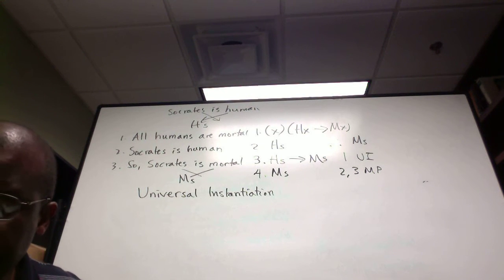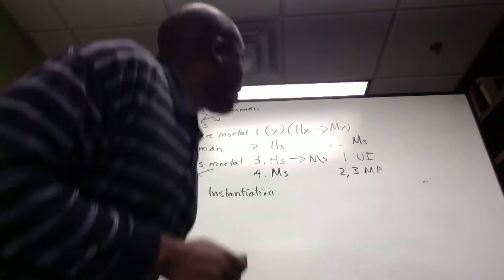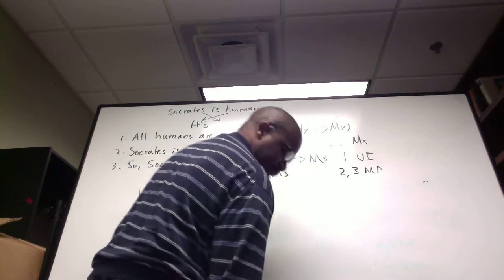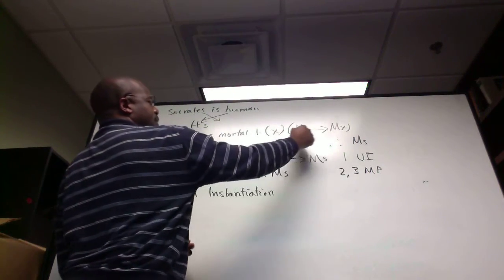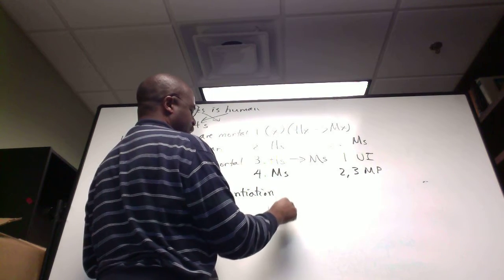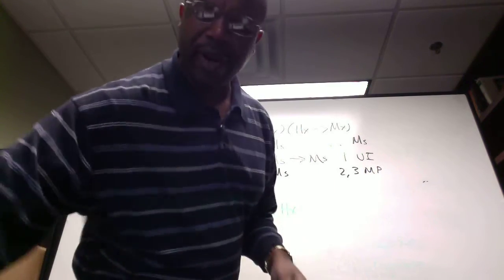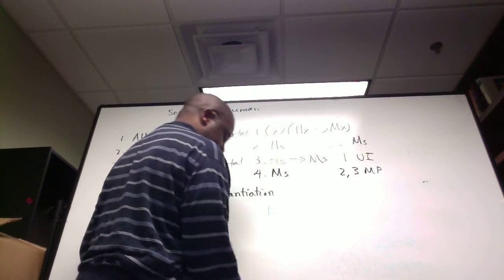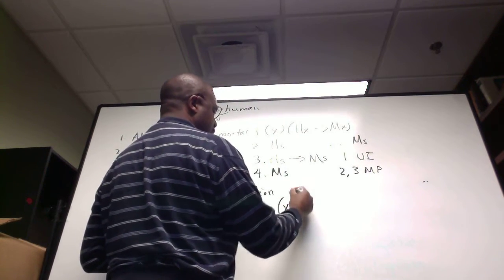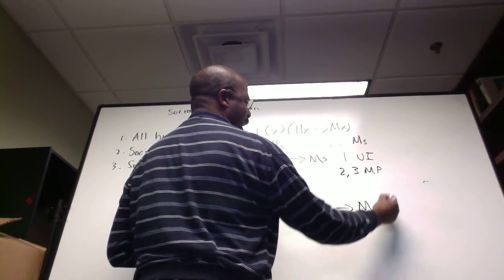Now, some things have got to be said about universal instantiation. Let's assume that instead of that formulation, this is what you have. For all x, you have HX, MY.